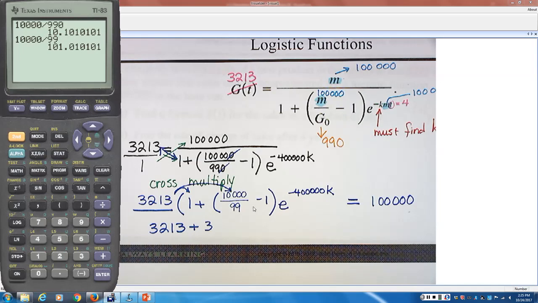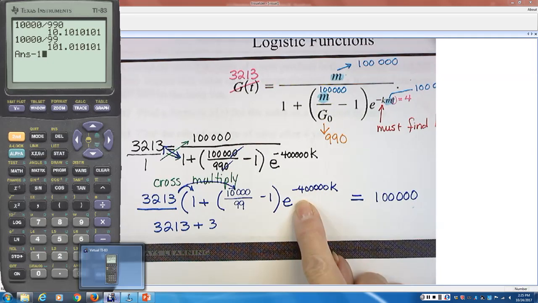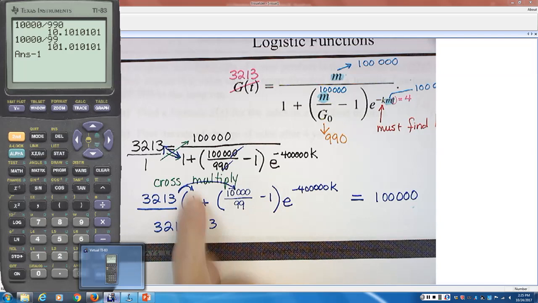And then I need to subtract that 1. Actually, when you do 1 plus that and then multiply it all by 3213. No, you can't, because this is the coefficient of this expression. So you can't just combine all of this.